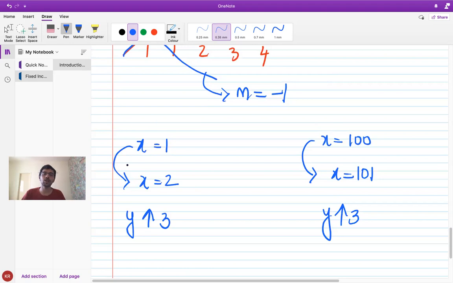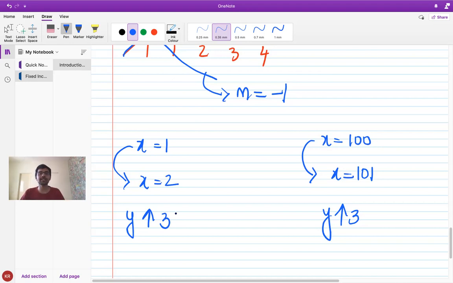Whether I increase 1 unit from x equal to 1 or from 100, the value of y is always going to change by 3 units. It is not dependent on where we are standing right now, whether at x equal to 1 or at x equal to 100. That is the meaning of dy by dx being a constant equal to 3.